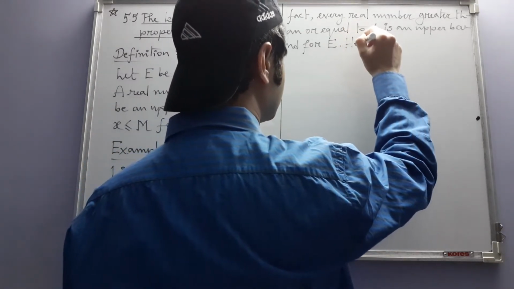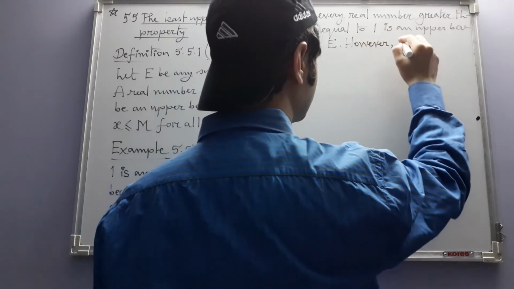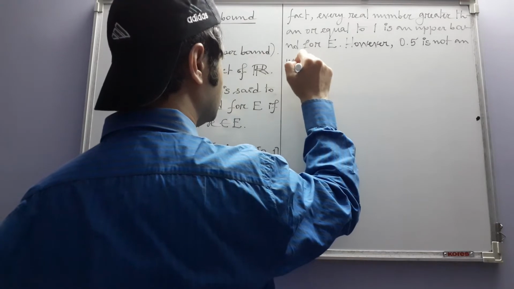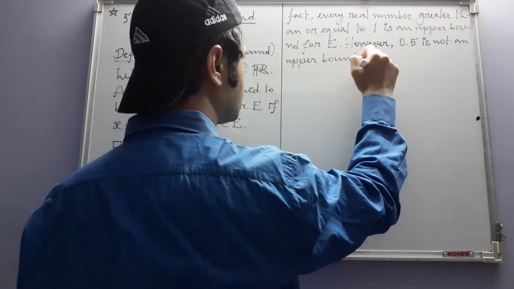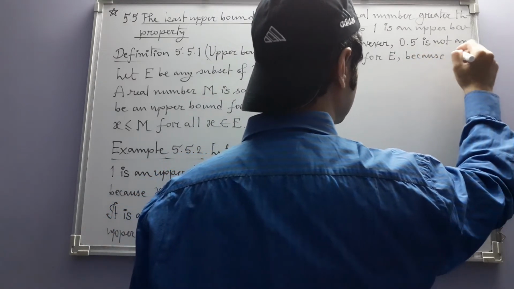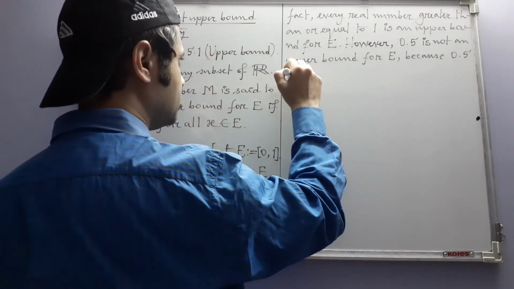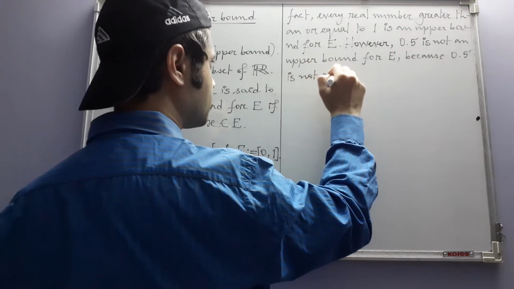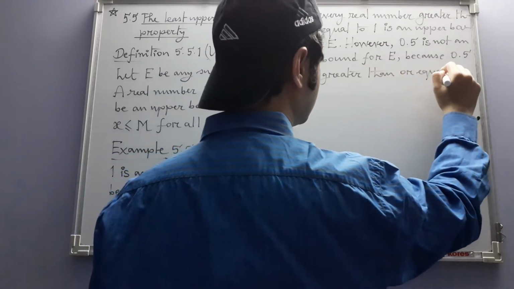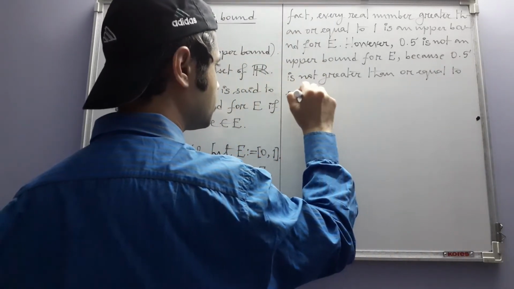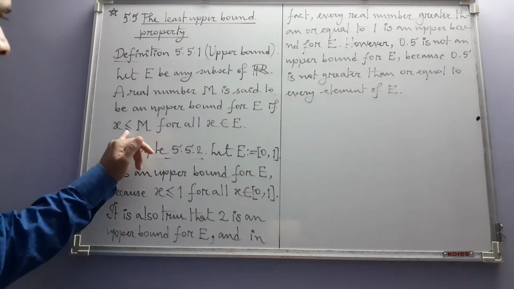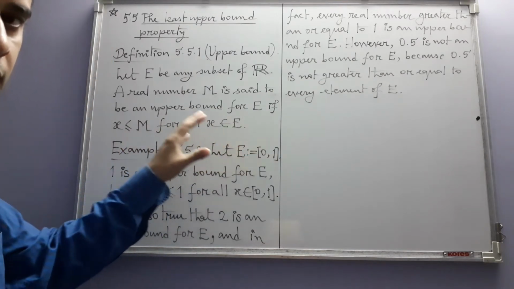However, 0.5 is not an upper bound for E, because 0.5 is not greater than or equal to every element of E. This condition that x is less than or equal to M for all x is a part of the definition.